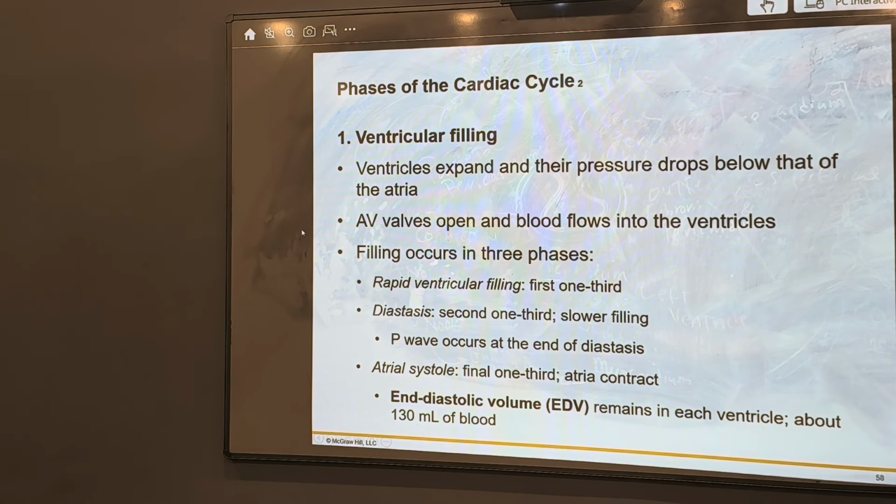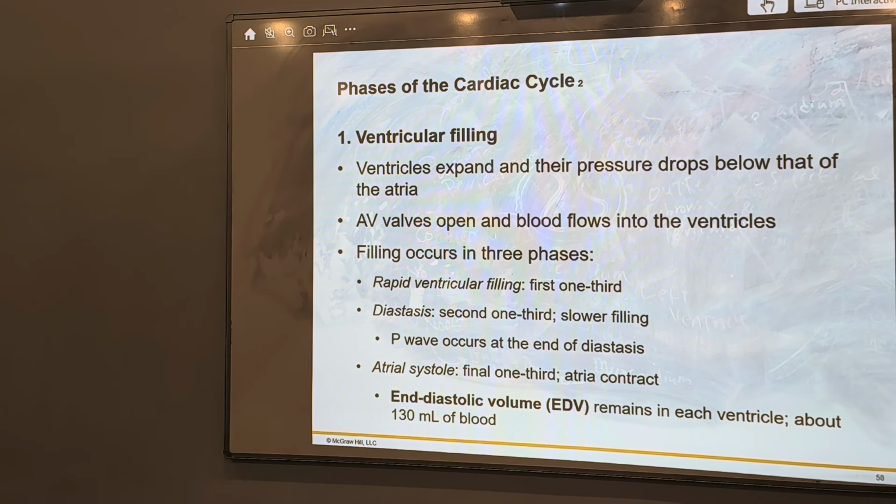Otherwise, blood is not going to move. Blood will not move unless the pressure is higher in the ventricles than in the vessel. That's why it moves from the ventricle to the vessel. The blood is not going to move from the atria to the ventricle unless there's more pressure in the atria than the ventricle. That's the law. Blood will never move unless there's more pressure somewhere than in another place.